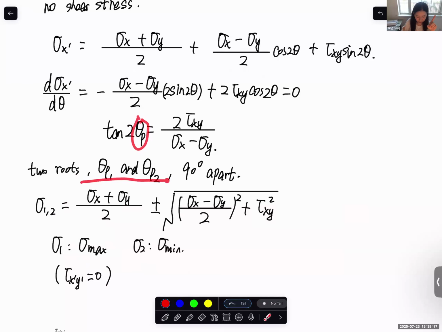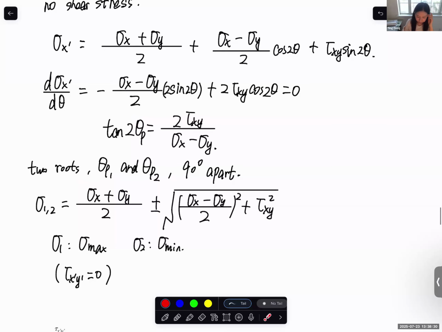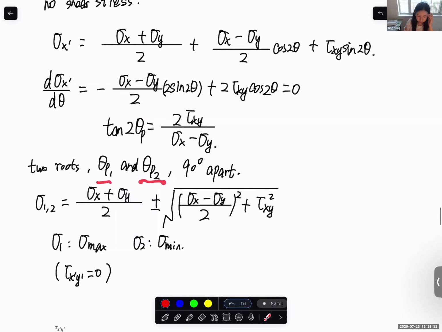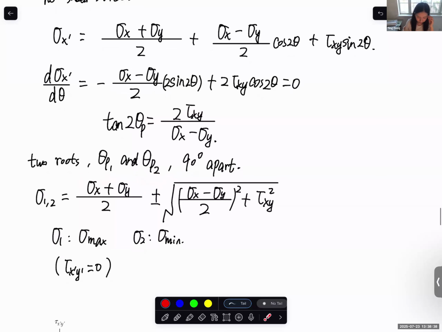And because the tangent curve repeats every 90 degrees, the two roots are 90 degrees apart. You can Google all this basic math.